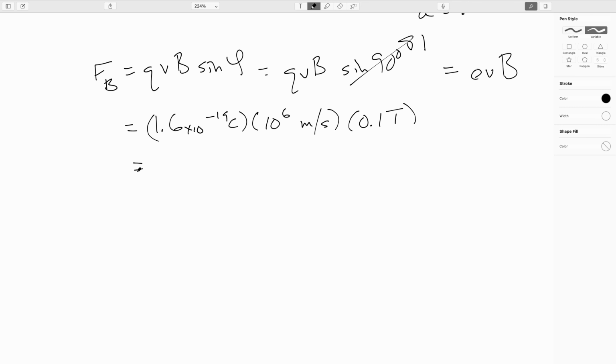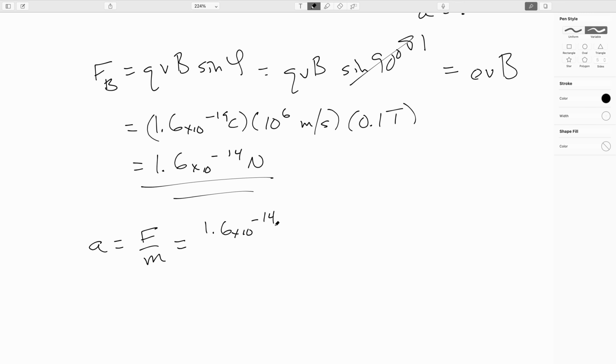Now that might not seem like a very big force, but keep in mind these particles are pretty lightweight, so the accelerations will actually be pretty substantial. Let's figure that out. The acceleration will be equal to the force over the mass, by Newton's second law. We just worked out that the force was 1.6 times 10 to the negative 14 newtons.